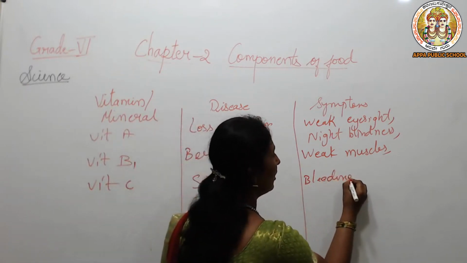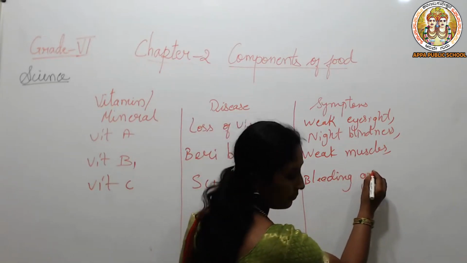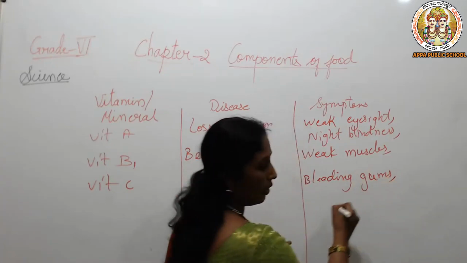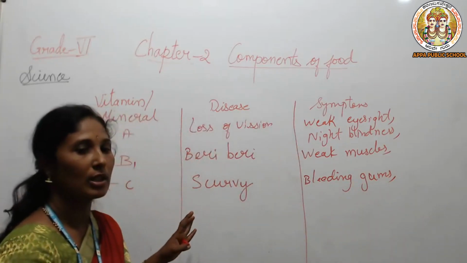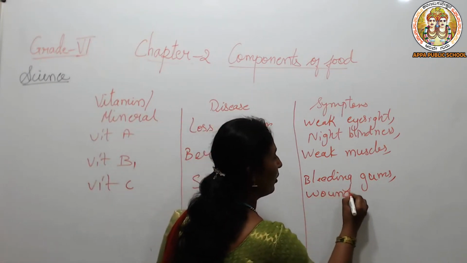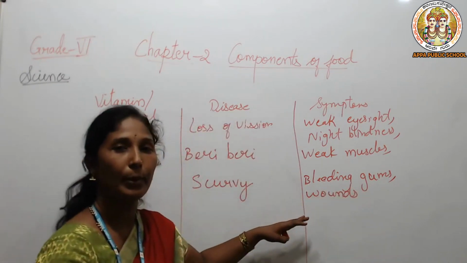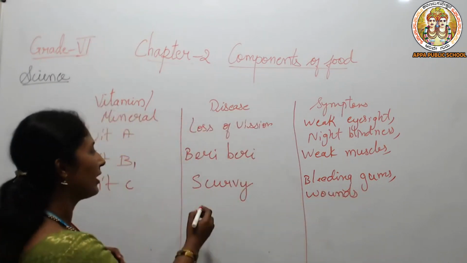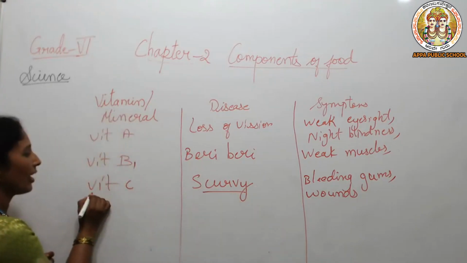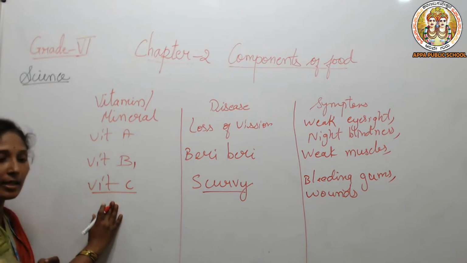Bleeding gums, teeth will decay, and wounds take a longer time to heal. Wounds take a long time to heal when we are suffering from scurvy, because we are lacking vitamin C.